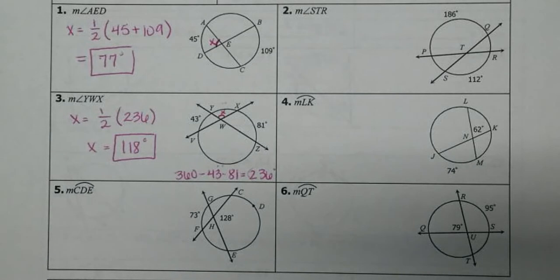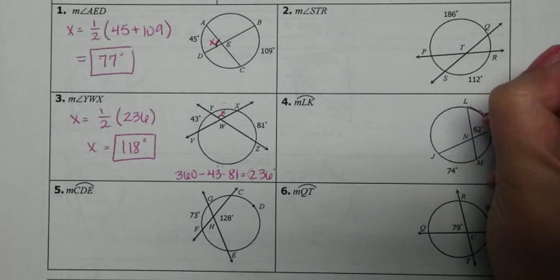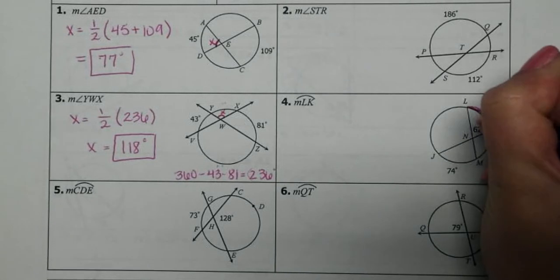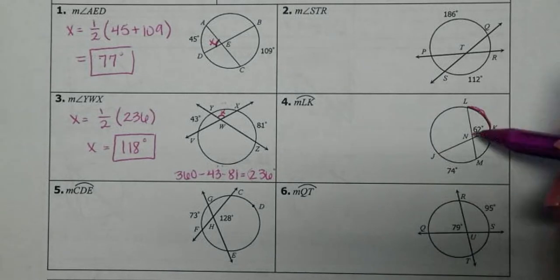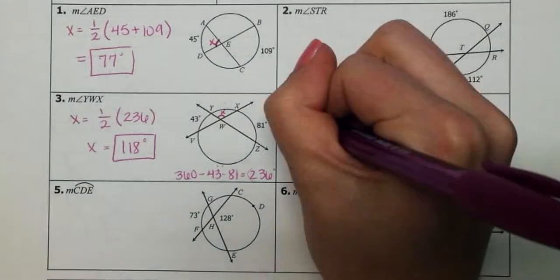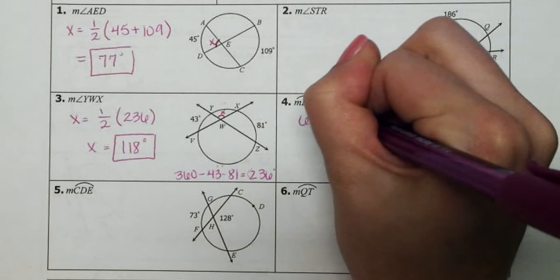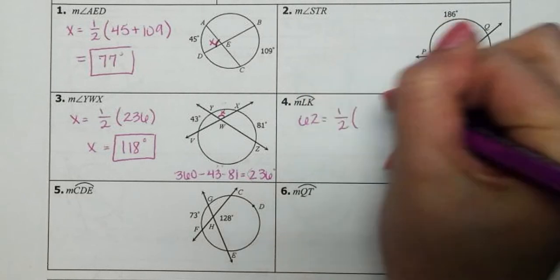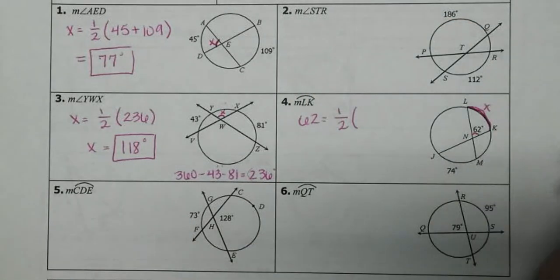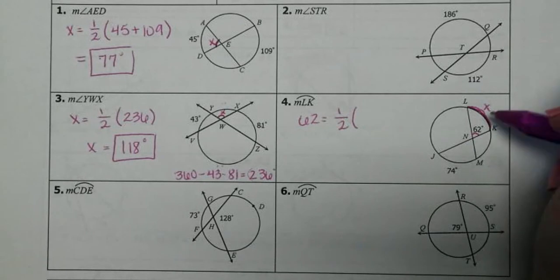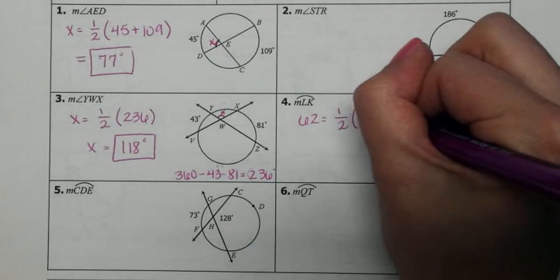Okay. Let's look at number 4. It asked me for the arc this time, LK. So no matter what, I have to start with my angle. My angle is 62. So I start with my angle, I set it equal to 1/2. I'm going to name this arc X. And I have to add my arcs together. So X plus 74.